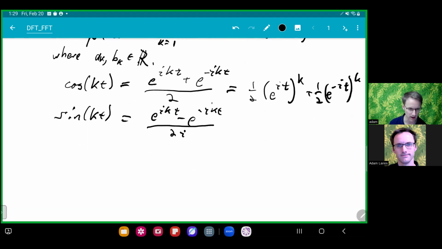Great, so this is what's called real trigonometric interpolation, using the real coefficients in front of sines and cosines. And I'm just going to state that we can do this. So first of all, what is a trigonometric interpolation?